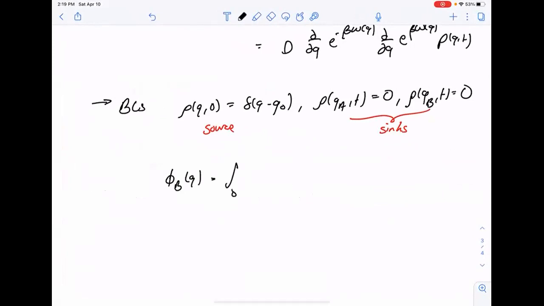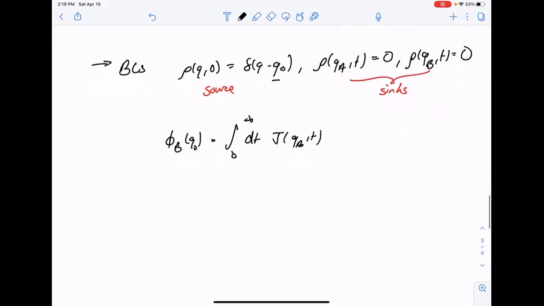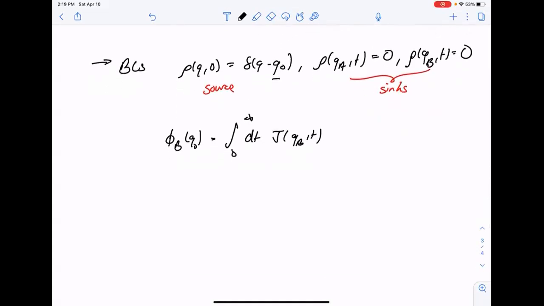as an integral over all time of the flux into B. So we start at Q naught. We dictate that there is no probability at long times in any of the basins.